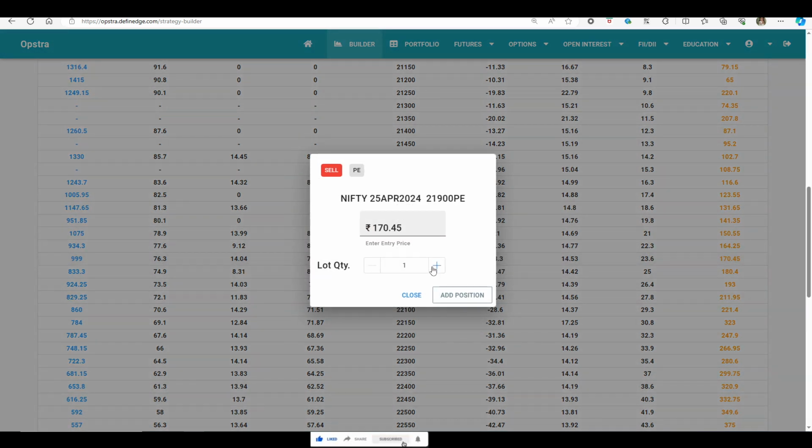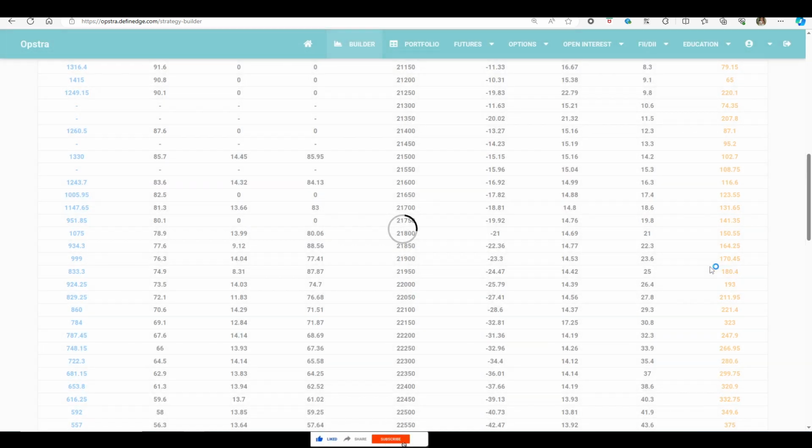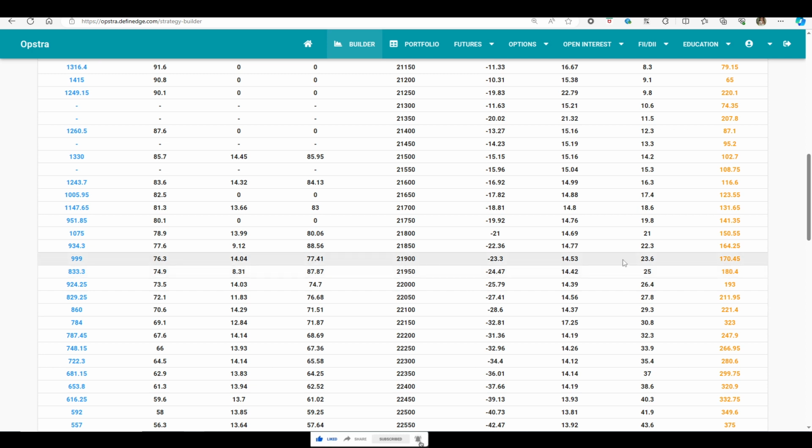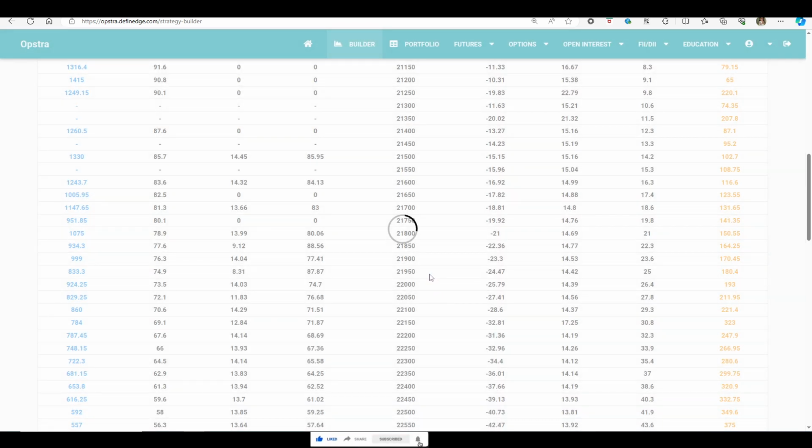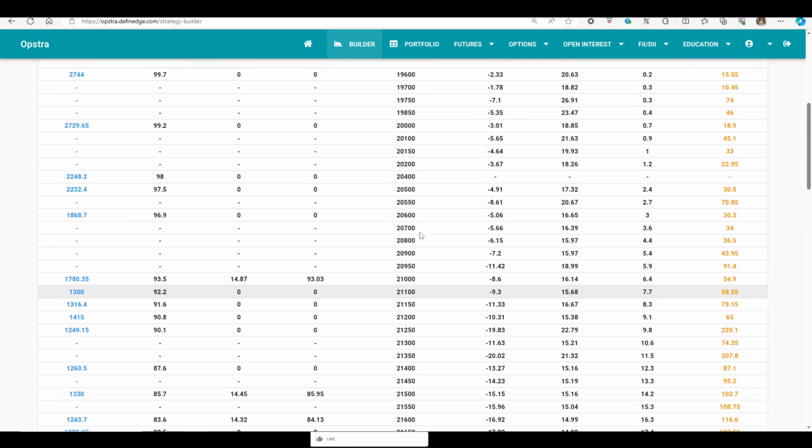Sell this PE. Always go with the 6 lots, which is 2 lakh rupees. 21,900 is at 170 points, so buy around 80 as the protection.